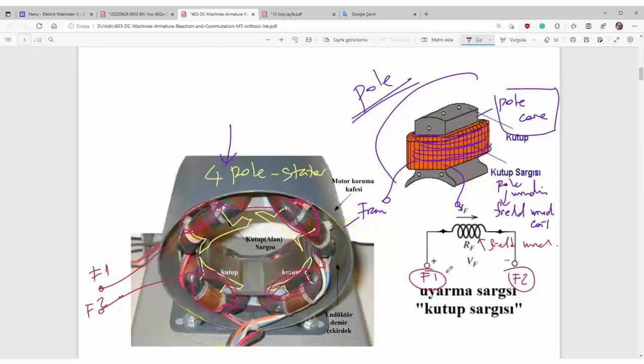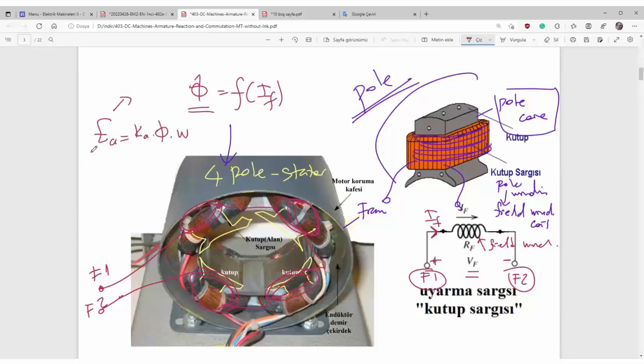We apply DC. Many times we use adjustable field voltage to control field current here, because field current produces field in the pole. If you control field current, you can control field, and EMF can be adjusted easily by field current, and torque induced in the machine can be adjusted easily by changing field current.